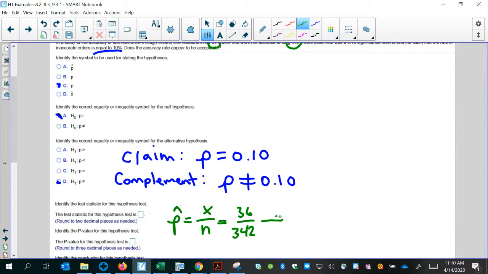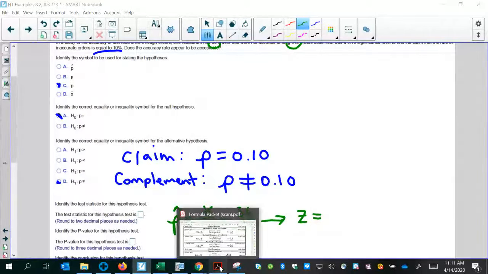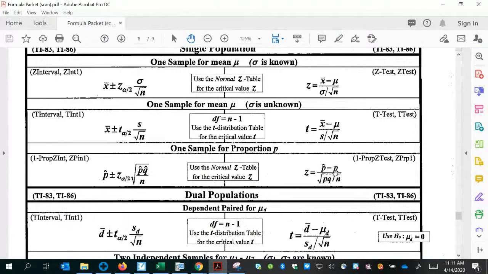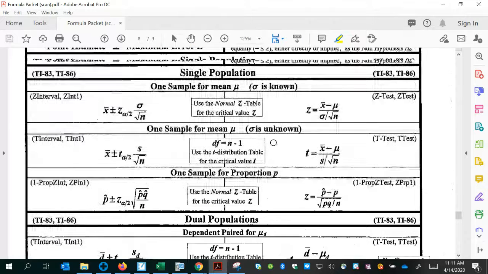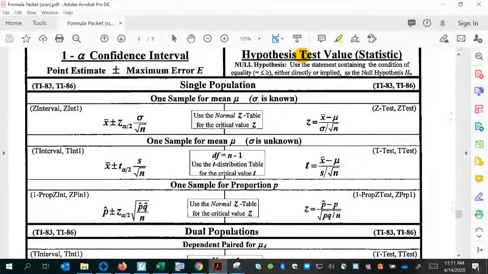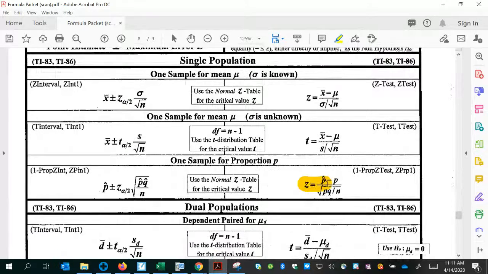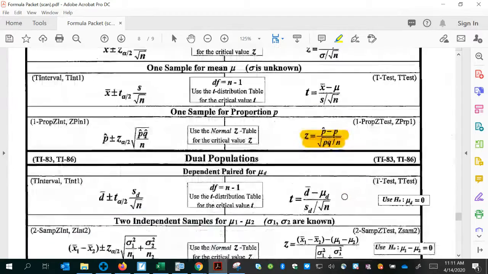So I want to change that into a z-score. I want to standardize it. And the formula for standardizing a sample proportion is found here in the formula sheet; remember the right side is for test statistics, and this would be the correct one when dealing with proportions. So notice it's p hat minus p over the square root of pq over n.